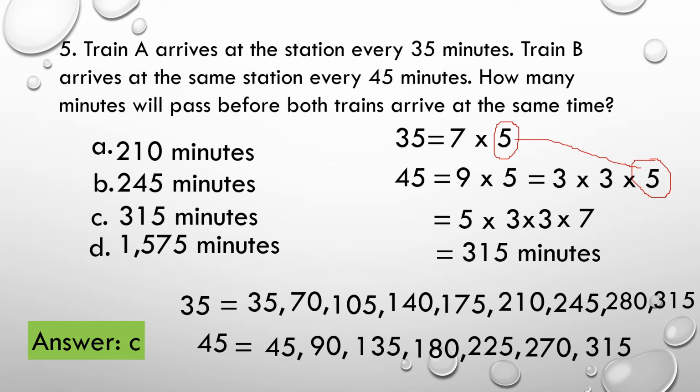Plus 45 again until you reach that common multiple. It means if you can't find any common multiples here, you need to continue. You need to go on until you reach that number. So here you can stop at 315 and 315. It means it will take 315 minutes. So that's letter C.